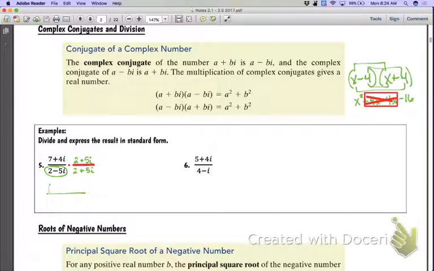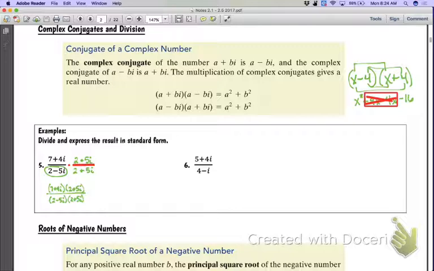If you want to have 7 plus 4i times 2 plus 5i, you can rewrite it again. You can do the same thing on the bottom. This is really all we're doing, and then going 2 plus 5i, and really just turning it into two multiplication problems is all we're going to do.